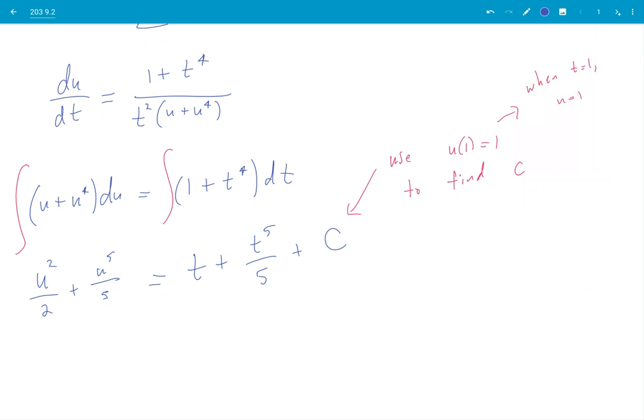So I think it's worth repeating. The t value here is 1. Oops. And then the u value is right there. So I'm going to take this equation, plug in u is 1 and t is 1.